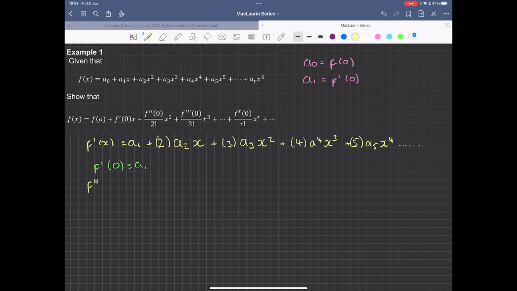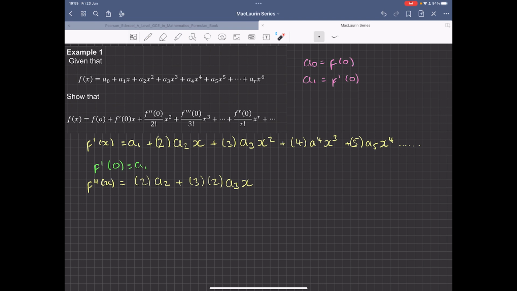So the second derivative of f of x: this constant will go, and this x will go. So we've got 2 lots of a2. This 2 will come down, so we've got 3 times 2, and then we'll lose 1 from this power, so a3, and then x.